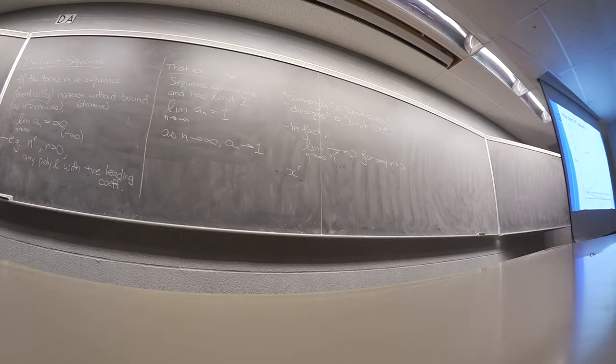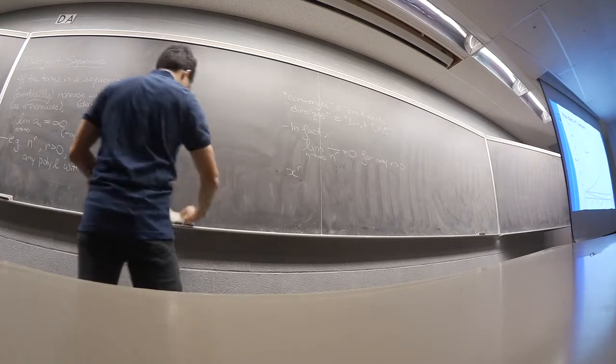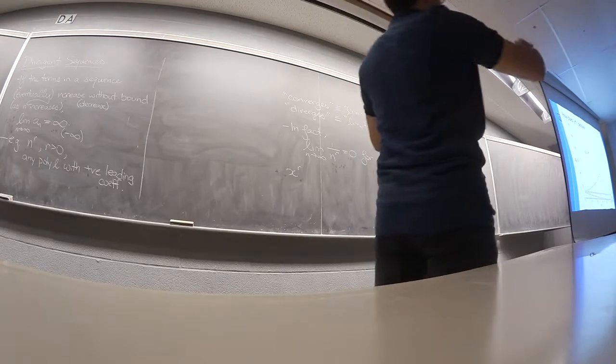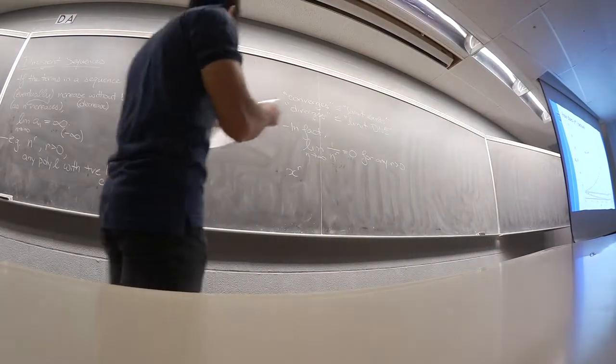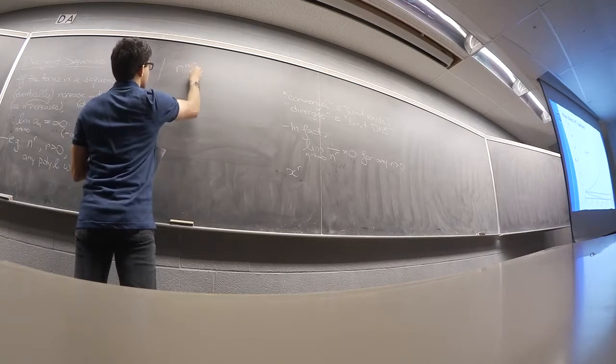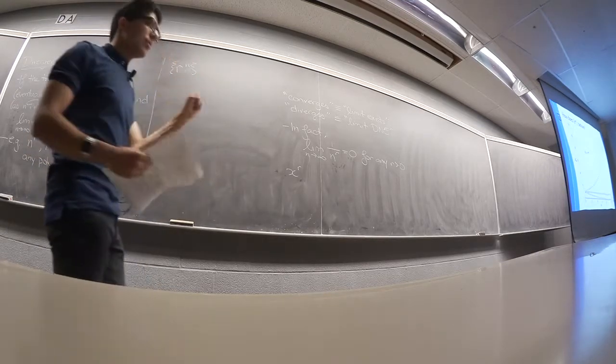Okay, a few more special examples. These guys have a range of behaviors that are interesting, so let's look at them. Let's think about the sequence r to the n. Again, n is the index that's increasing, and r is some fixed number.